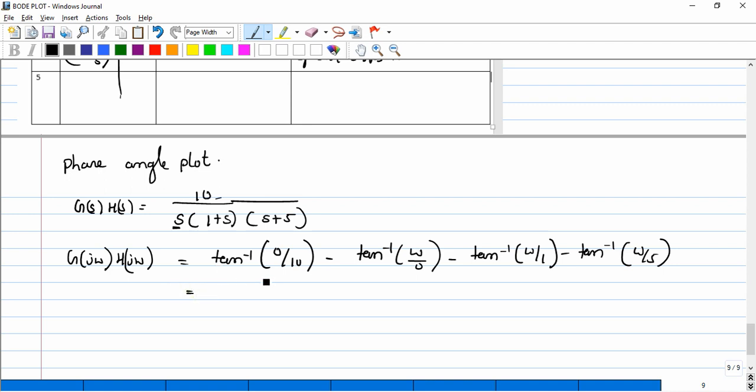I can straight away write it as this particular will be 0, and omega by 0 is infinity, that will give you 90 degrees. So let me represent minus 90 degrees followed with minus tan inverse of omega minus tan inverse of omega by 5. Let me consider the table first.